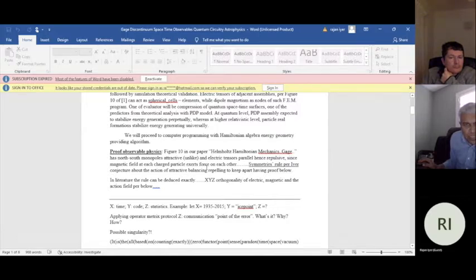The Helmholtz north-south monopoles are attractive, right? They are unlike poles, so they're attractive. Electric tensors are parallel, hence repulsive. I'm just going through figure 10 in our paper.